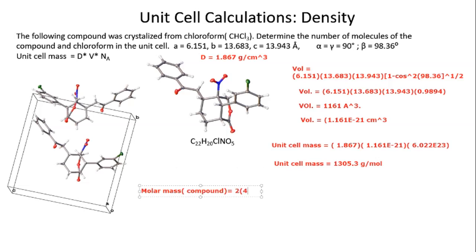So the molar mass of that compound is 413.5, but we have 2 of them in the unit cell. So that means the contribution of the molar mass of the unit cell from the compound is going to be 827 grams per mole.